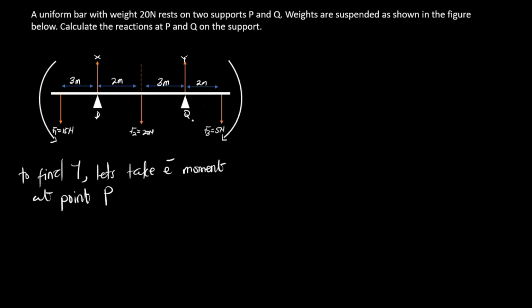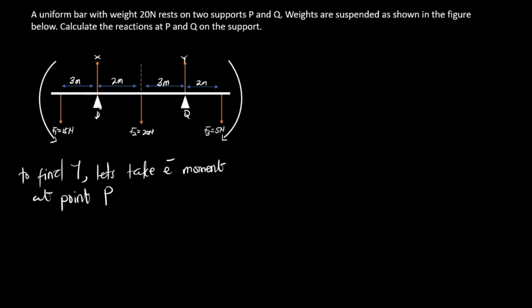So we are going to ignore the pivot Q during the calculation. Once we ignore the pivot Q, the reaction Y over here will still exist, and the reaction X will no longer exist. Let me take that again. To find Y, we need to take the moment at the point P. So we are going to maintain P as our pivot, and ignore the pivot Q.